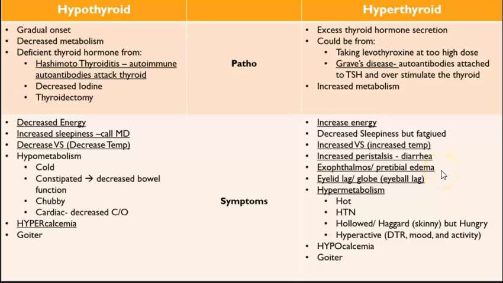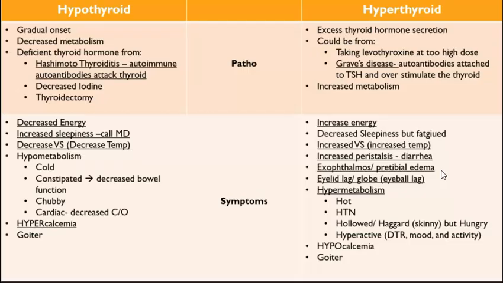Now, I kind of consider what happens when your eyes are bulging out of your head. You have some edema there. It is going to take a little bit more time and more effort for those eyelids to close over them. So it's kind of like they have slow blinks when they have the exophthalmos.